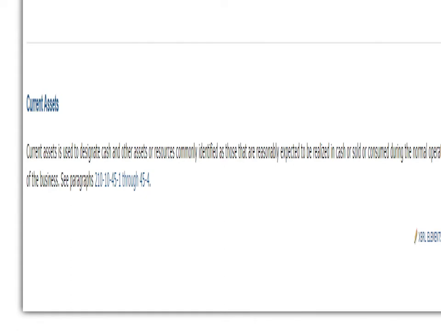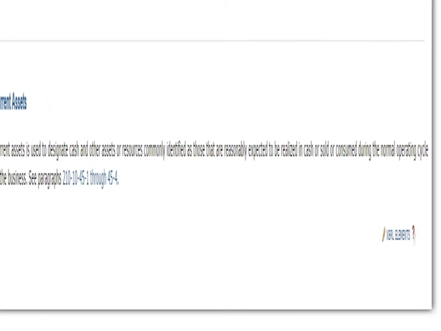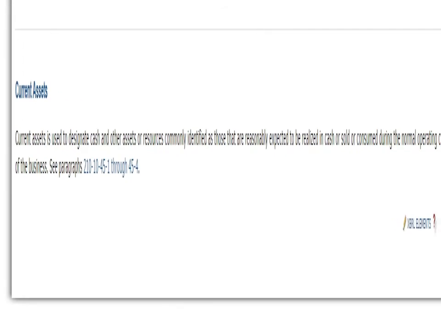I have something that's going to mature in the next couple of months, but I'm referred back to paragraphs 210-10-45-1 through 45-4. I can click on that directly and be taken to that section of the codification.